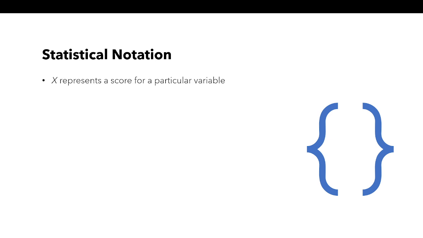Statistical notation. The notation that you're going to see here is the notation that we will be using throughout the semester. In our class, we are going to be doing what are called hand calculations, the pencil and paper type of calculations. And we're also going to be conducting analyses through the use of software, SPSS.